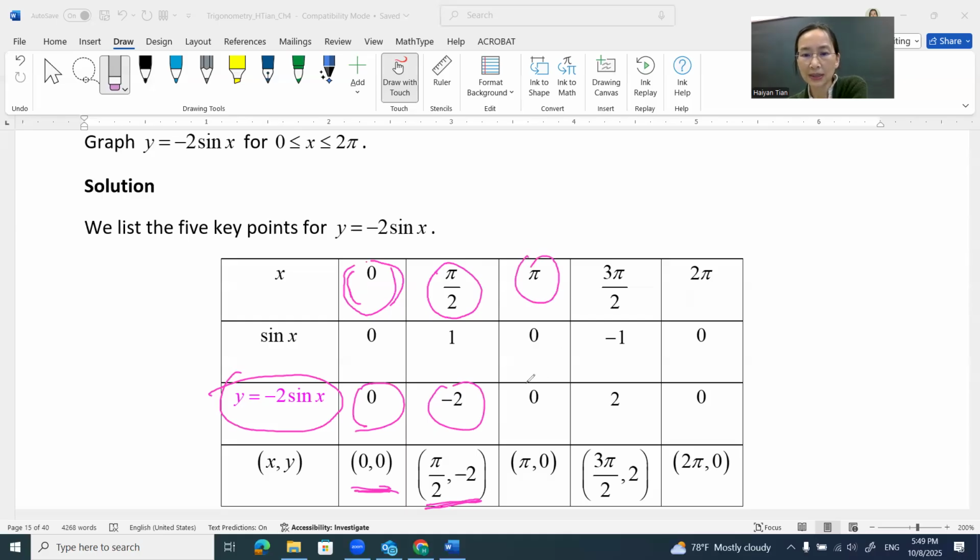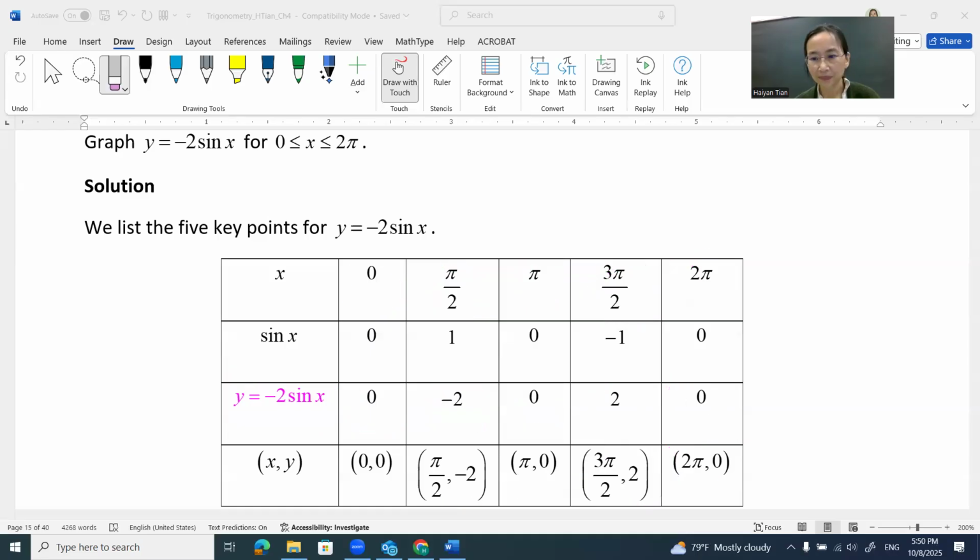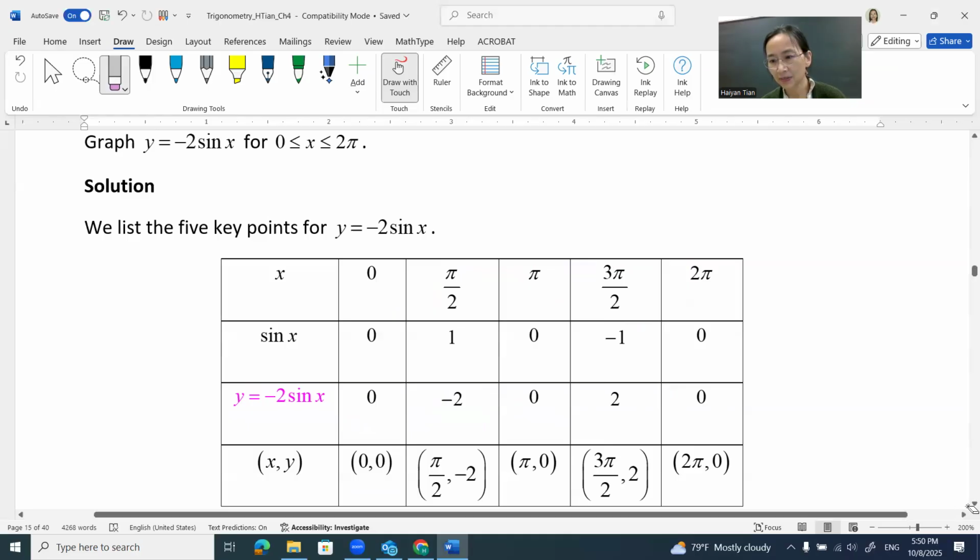And at pi, the y is 0. At the next x, the y value will be 2. So then we get five key points. We put the x, y coordinates, draw the 5 ordered pairs, and then get a quick sketch.